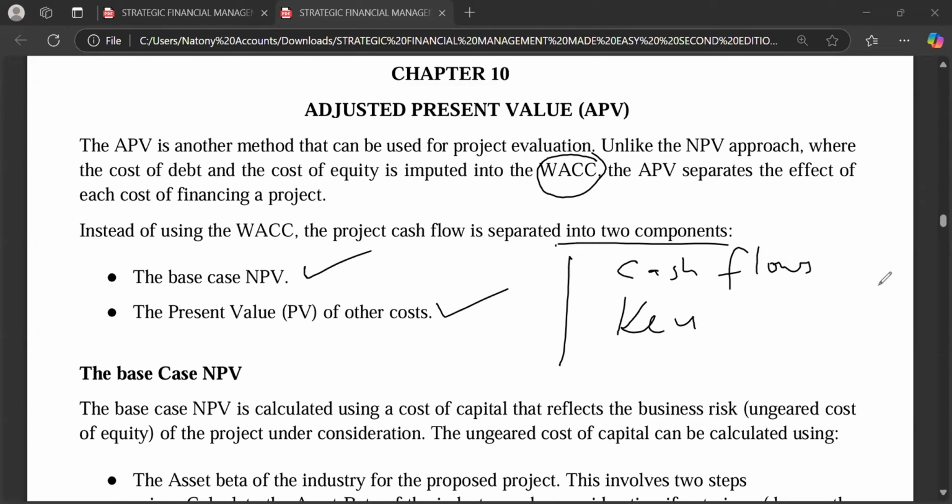Instead of using the weighted average cost of capital, you use the cost of equity ungeared to discount the cash flows. Then the finance side, which is the PV of other costs. What are you doing there? So basically, let's just look at the basic things you need to solve a question.